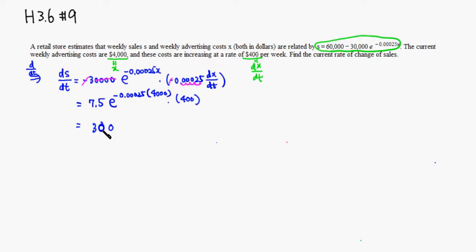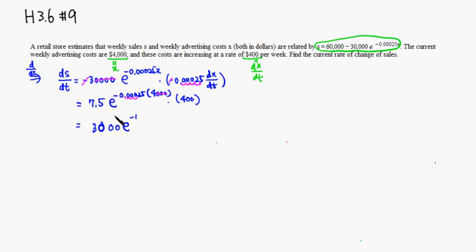Then you have a couple more zeros, so it's going to be 3,000. Then e to the, you have 3 zeros, so we can move the decimal 3 places, then multiply by 4, so it's negative 0.25 times 4, so that's just going to be negative 1.